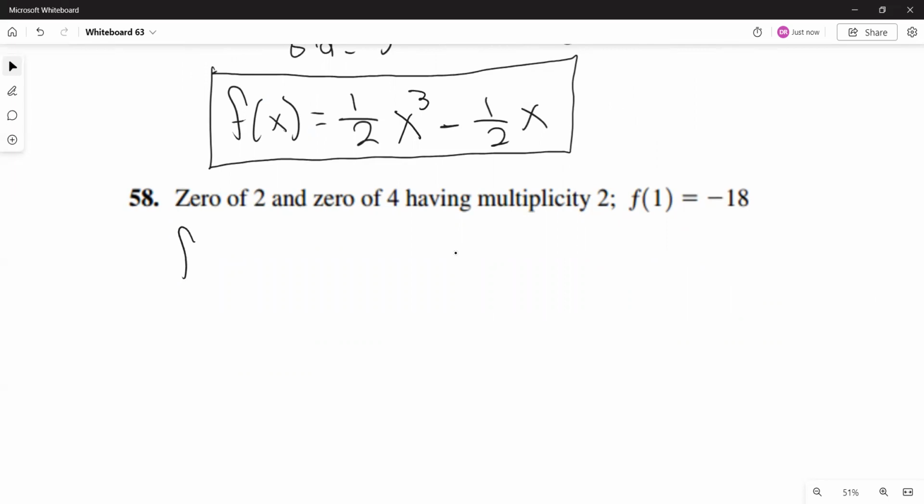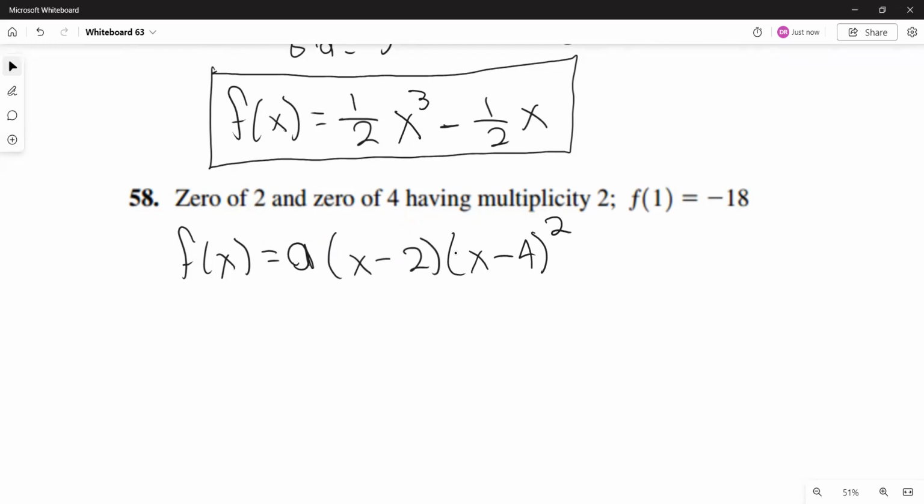So initially, I know that f has a 0 of 2, so that's going to be a times x minus 2. And if 4 is a 0, x minus 4 is a factor. Multiplicity 2, that's going to be x minus 4 squared. That's what I know so far.